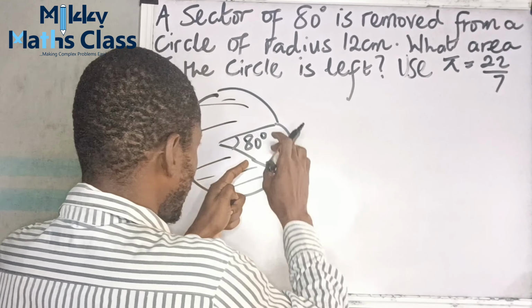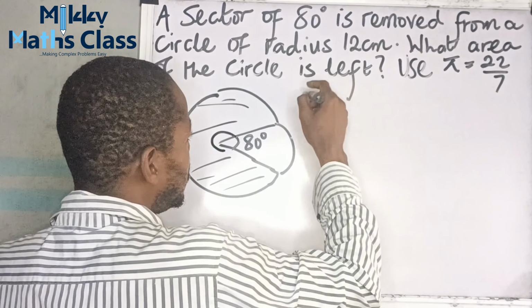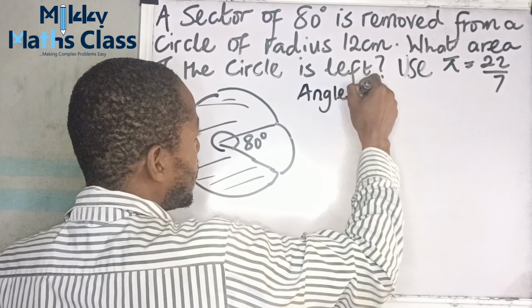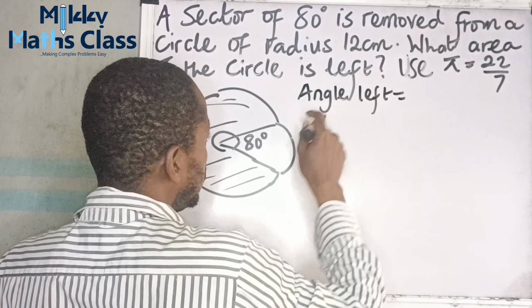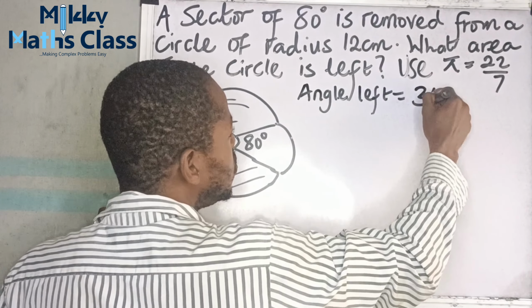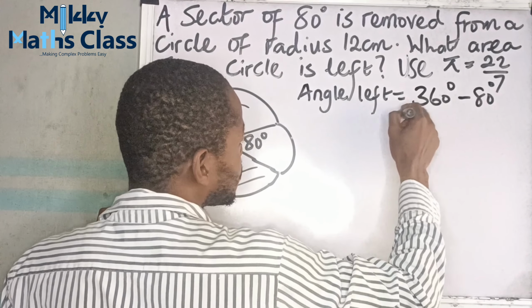Now, if this is a circle and this is 80 degrees, the angle left will be equal to, in a circle you have 360 degrees, minus 80 degrees.